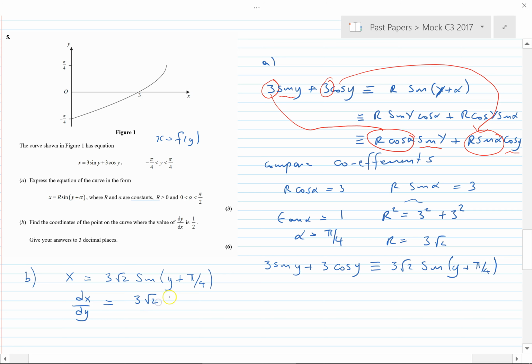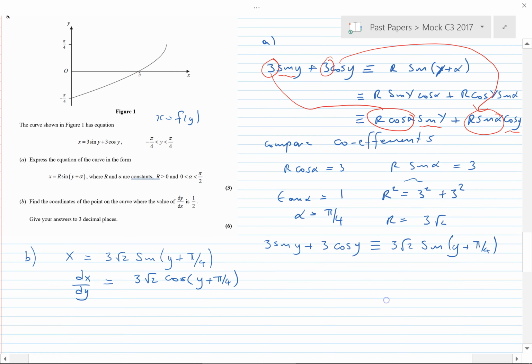Now, this is just going to be that. There's no number in front here, so there's nothing we have to multiply by. And it's just a straight swap of sine for cos when we differentiate sine. So that's dx by dy, but we've been told the gradient is a half. So I suppose we could write dy by dx is equal to 1 over that.